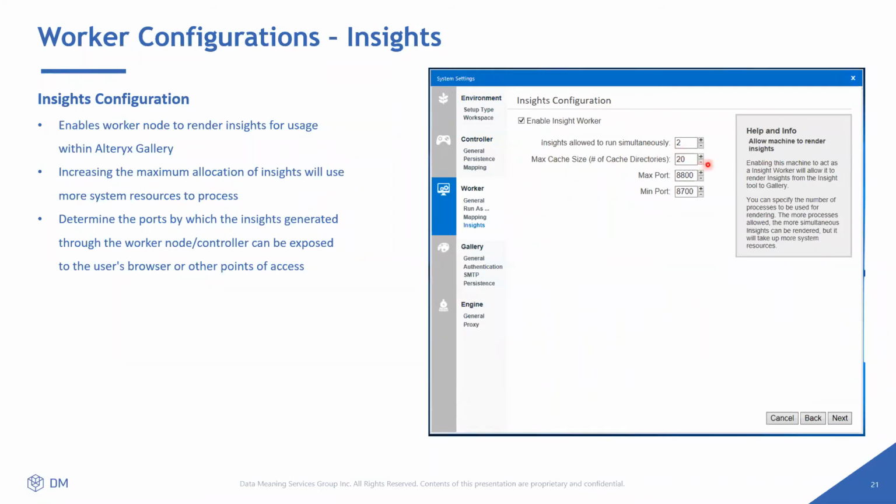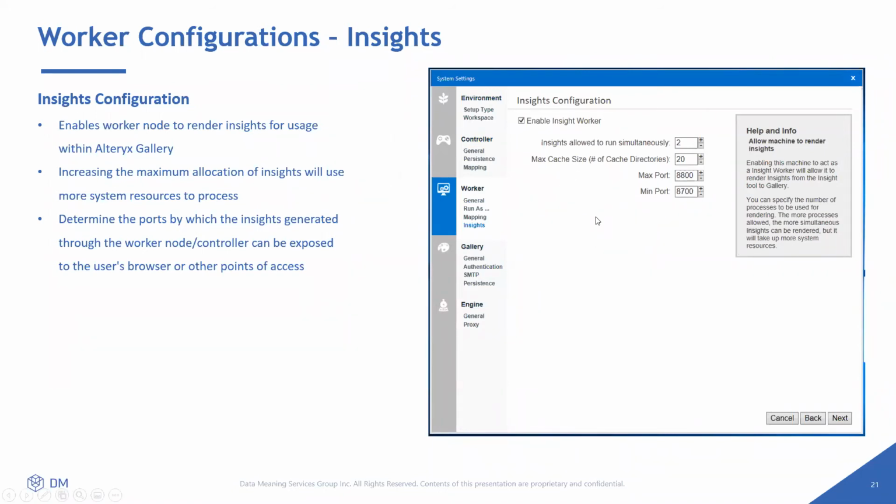You can set up caching, and since the insights are exposed to the Alteryx gallery, you can also load those into third-party environments. For example, if you have SharePoint, you can embed insights by connecting up to a particular location and having a port connection opened, dedicated to that insight. So there's a lot of different things that you can do here to get a little bit more functionality.